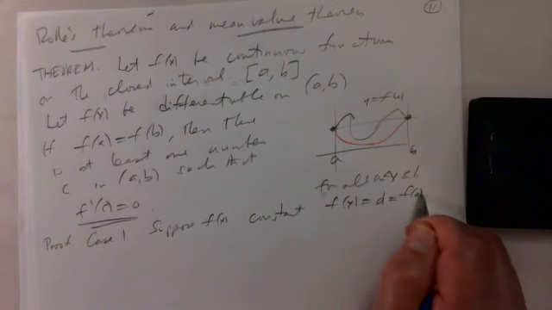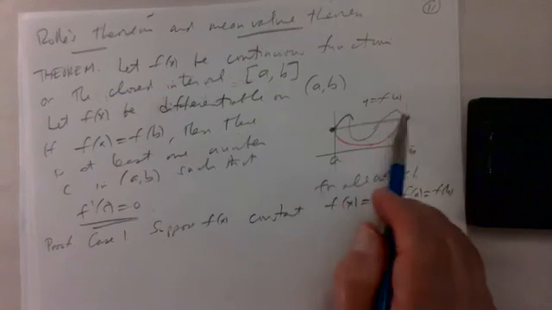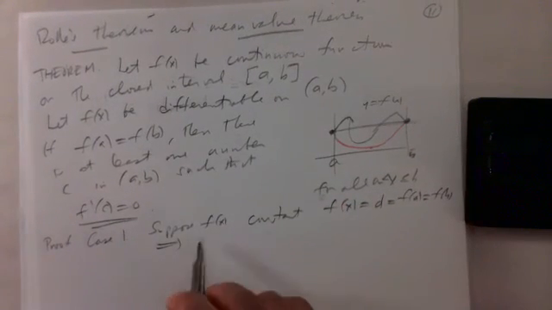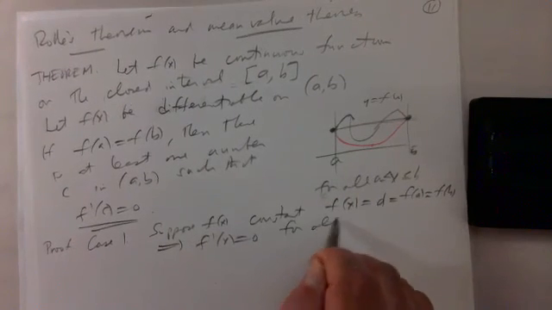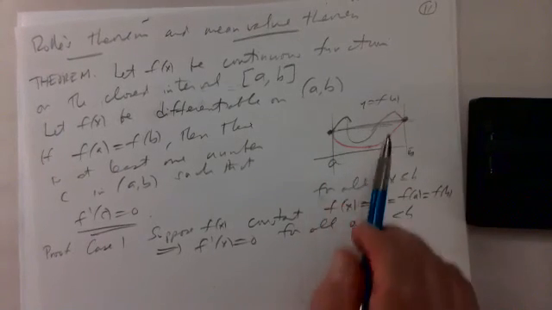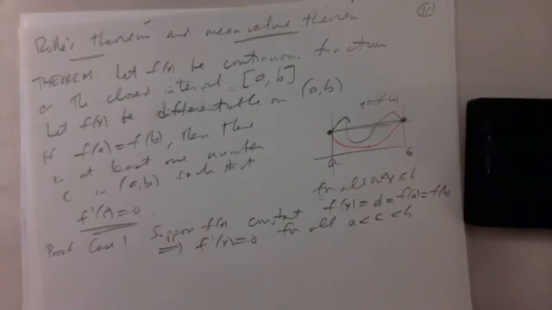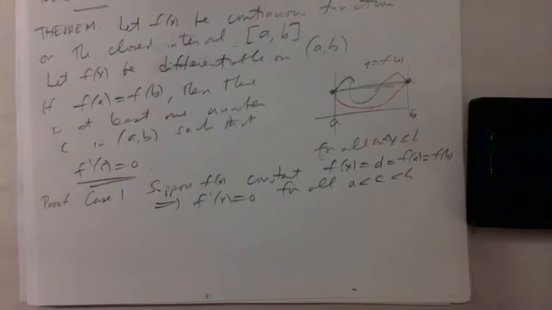And that's f of a and f of b, because the function is constant. If the function is constant, then the derivative is equal to 0 for all numbers between a and b, because the graph is just a horizontal line. So if the function is constant, then it's kind of trivial.